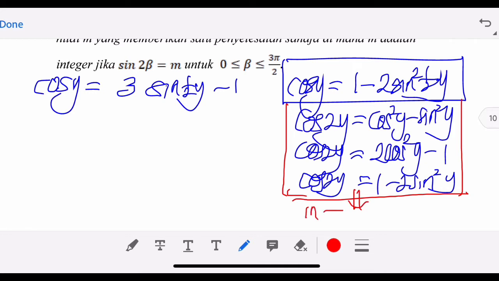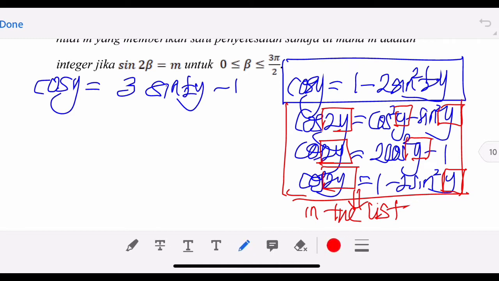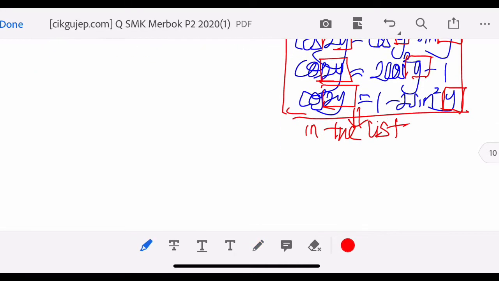Understand? So next time when you see a half angle, don't be afraid, don't worry. You can always refer to this and modify it, just divide by 2 for each of the terms at left and right. The 2y and y you just highlight like this. I'm going to change to half angle. I need to explain so that you understand how to get the half angle formula, right?